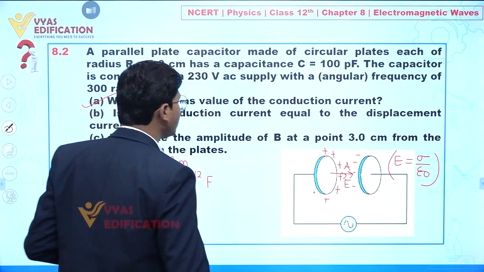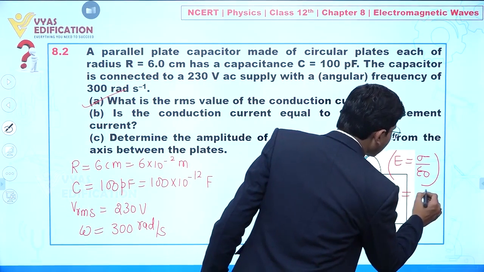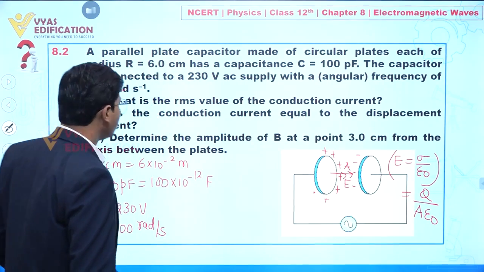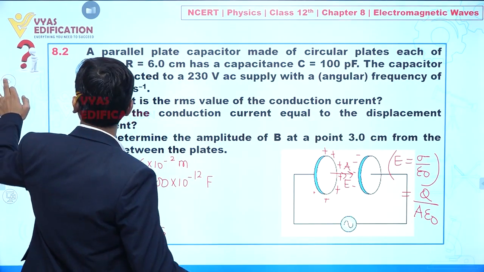So we can write the E value as Q upon A epsilon naught. Now I am placing this value here.